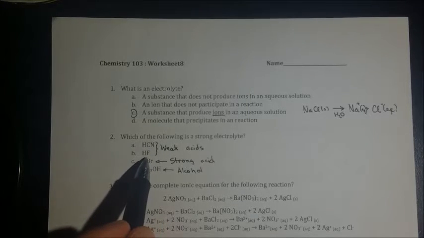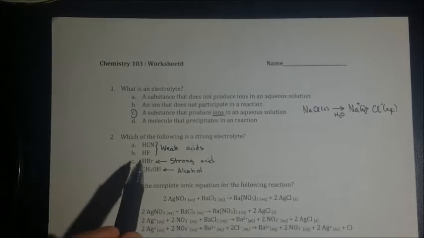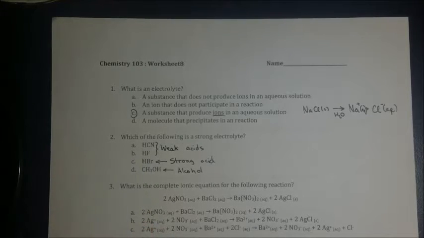You get something like this where you have weak acids, for example, hydrofluoric acid. The HF bond is so strong that it's very difficult for water to pull it apart. So it's going to mostly stay just as HF, and only a small portion of it is going to dissociate into hydrogen ion and fluoride ion. So those are considered weak acids, and therefore they constitute weak electrolytes.